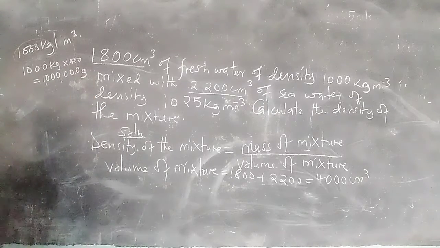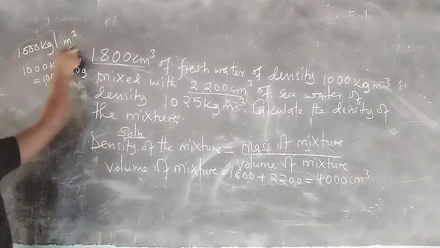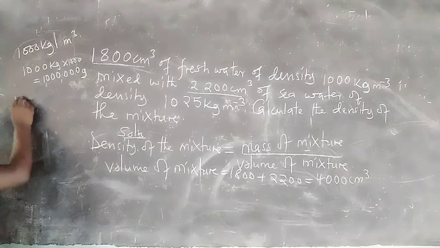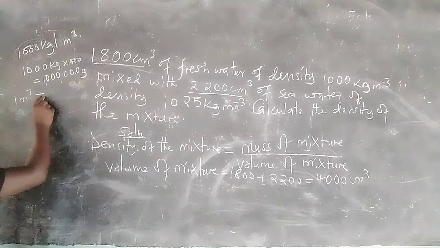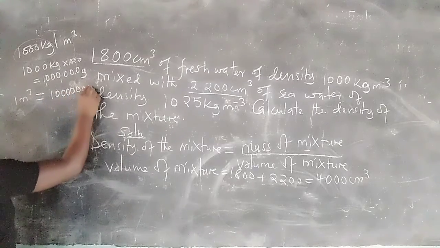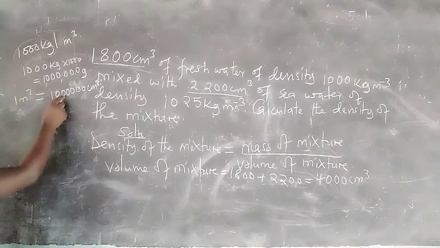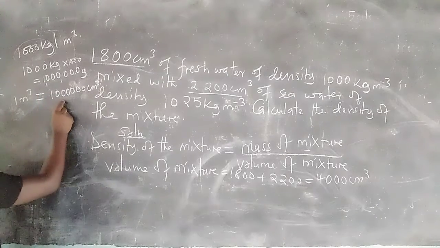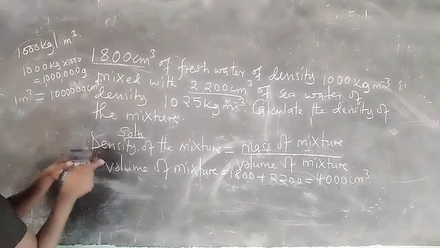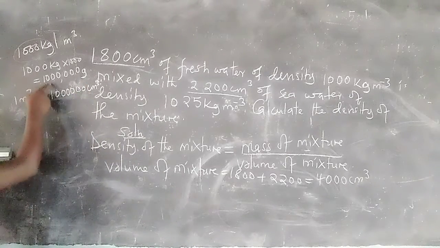This means we will have 1,000,000 grams. And 1 cubic meter is equal to 1,000,000 cubic centimeters. Therefore, dividing the mass and the volume again to get density in grams per cubic centimeter, we divide 1,000,000 by 1,000,000.